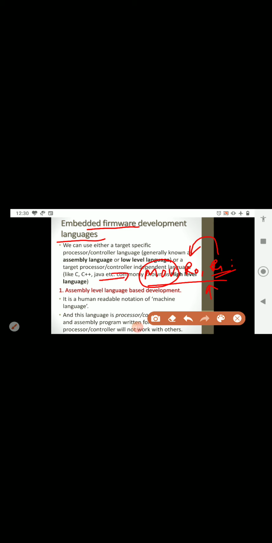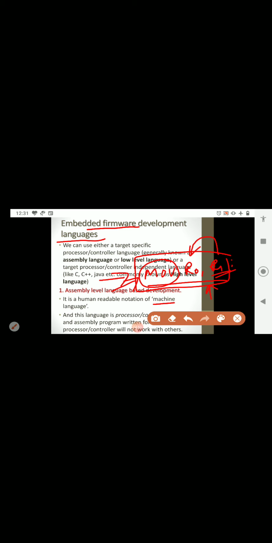So by looking at an instruction you can see what it is going to perform. That's why any assembly level language is a human readable notation.